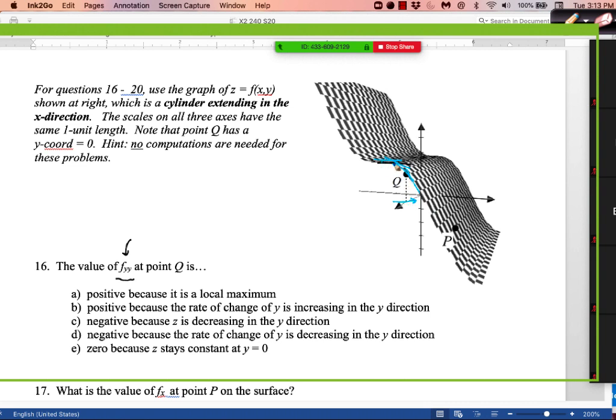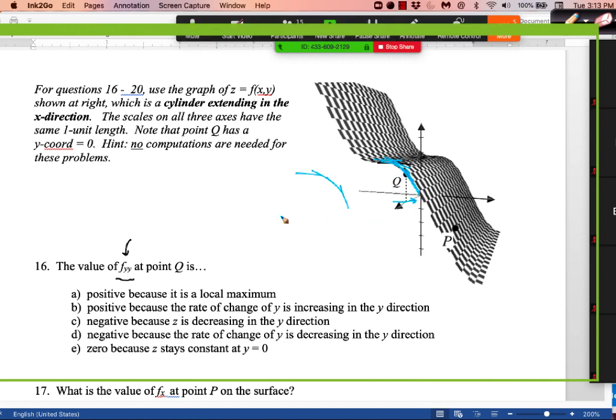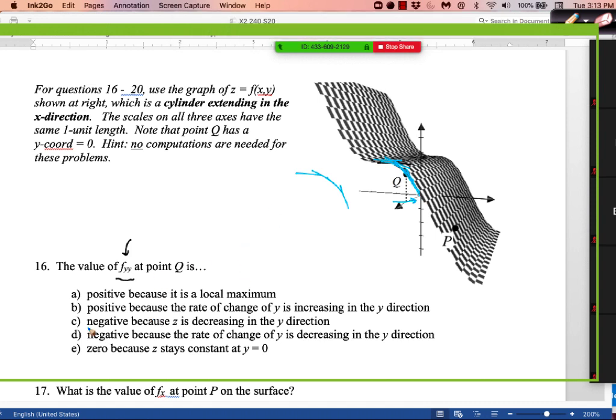So as y increases, what is the partial with respect to y doing? Increasing or decreasing? It's decreasing. Concave down means the rate of change is decreasing, and therefore f_yy is negative.